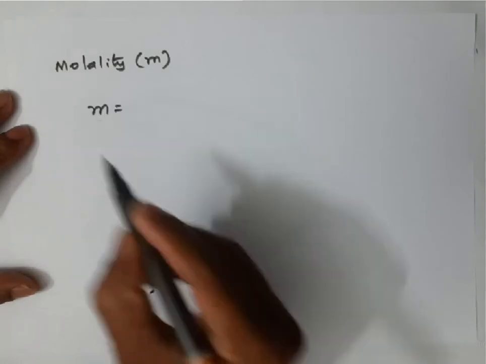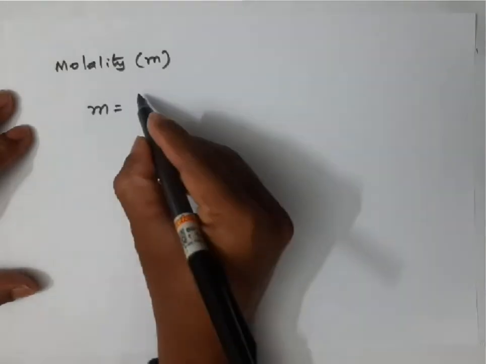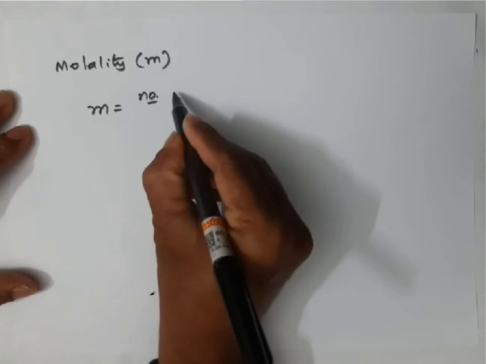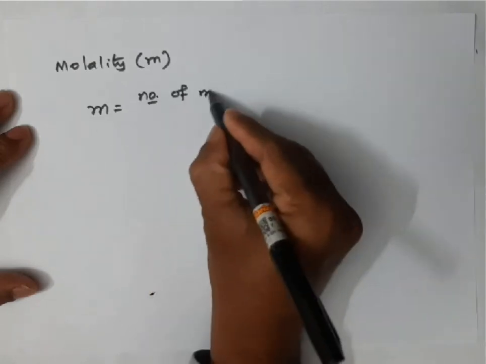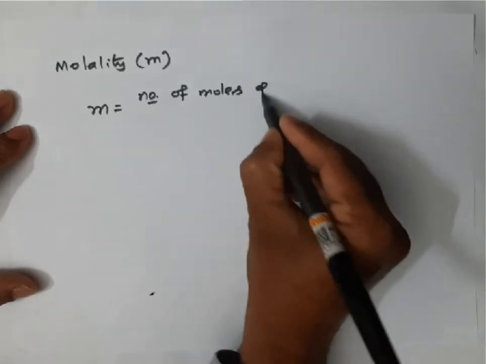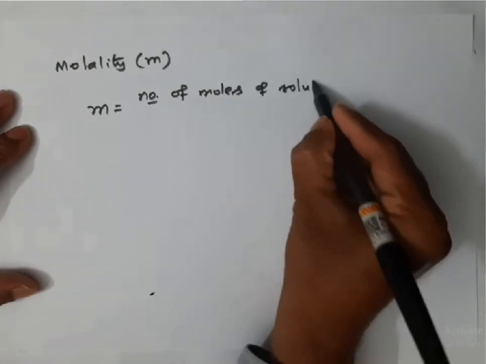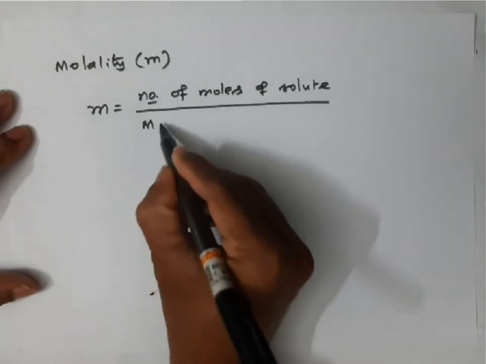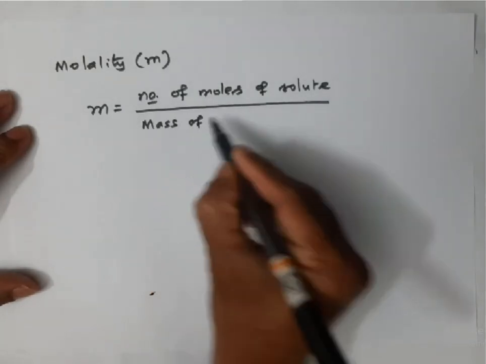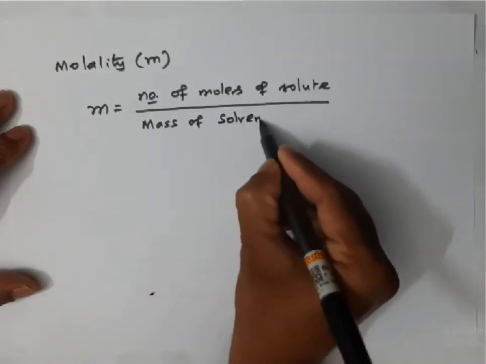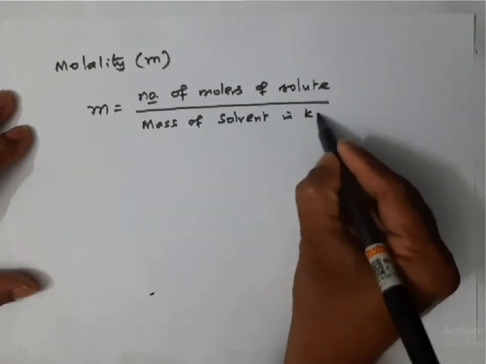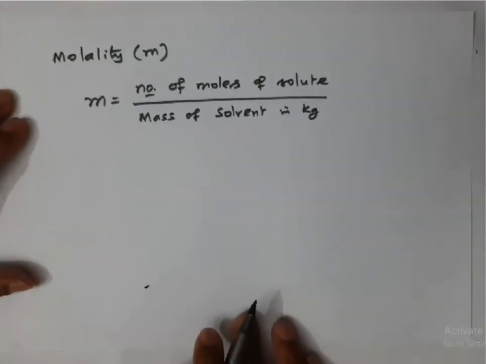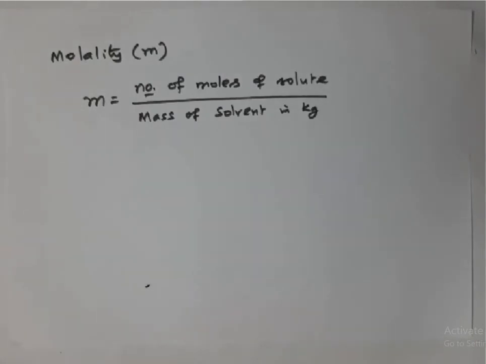Molality is nothing but number of moles of solute divided by mass of solvent in kilogram. Number of moles of solute divided by mass of solvent in kilogram. This is what we call molality.